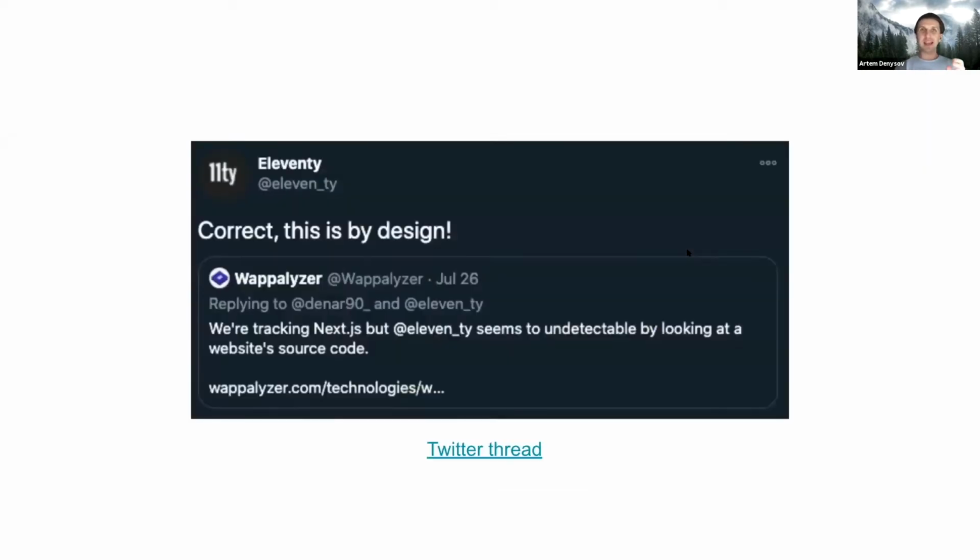We combined all static site generators, and we have no 11ty data at all, because 11ty has this concept that you build your HTML on your own, and this way there is no possibility to distinguish that an 11ty site is actually 11ty. And that's the thing we dealt with.